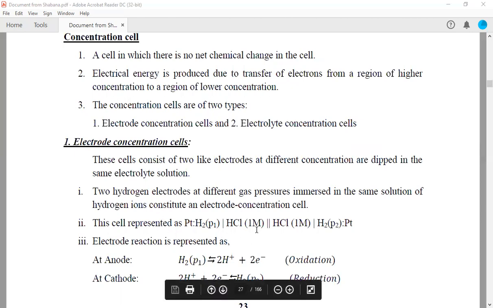One electrode is at a different concentration and different pressure. One electrode is at the pressure P1 and another electrode is maintained at the pressure P2. The 2 hydrogen electrodes at different gas pressures immersed in the same solution of hydrogen ion constitute the electrode concentration cell.